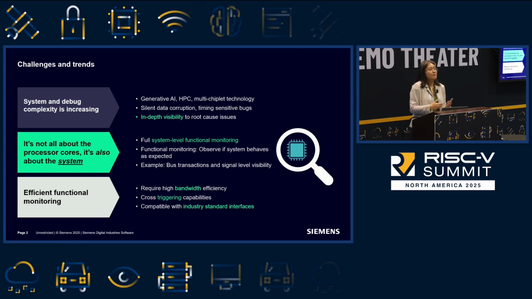So things like maybe you only monitor the data that is important to you, or you only monitor the data around a specific event. And this is where cross-triggering capability becomes very helpful and powerful as well. You also have to think about what's compatible in terms of the industry standard interfaces. For example, how are you going to transport that data out? Are you going to use JTAG or USB or over PCIe?